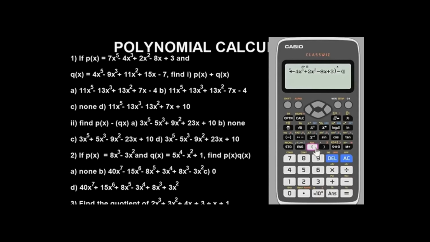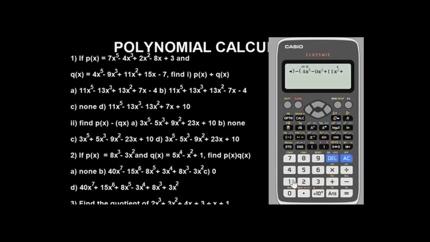Minus. So what else? We have 4x raised to the power 5, minus 9x cubed, plus 11x squared. Hope it's correct here.